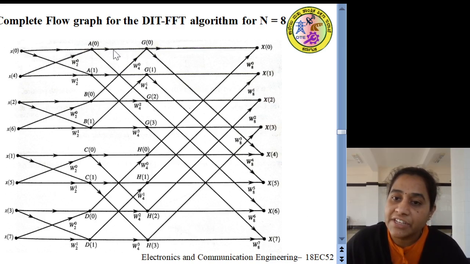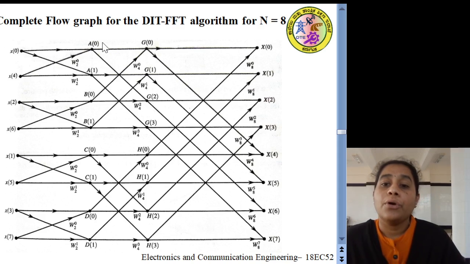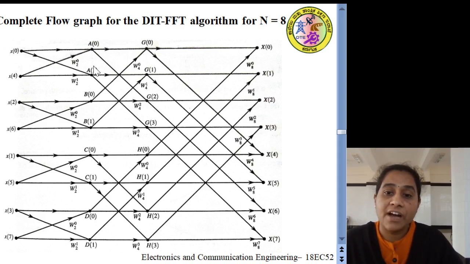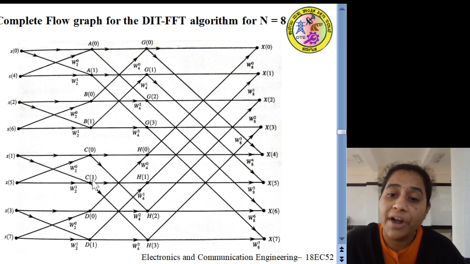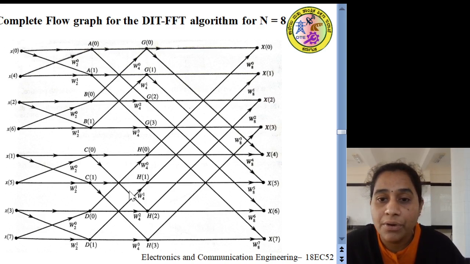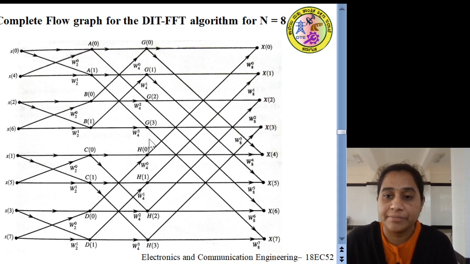After the second stage of decimation, g of k is converted to two n by 4-point DFTs, that is A of k and B of k, and h of k is converted to two n by 4-point DFTs, C of k and D of k. So this is how the complete flow graph represents the decimation in every stage. We can consider here 3 stages of decimation.